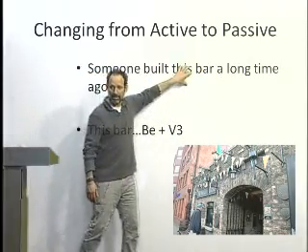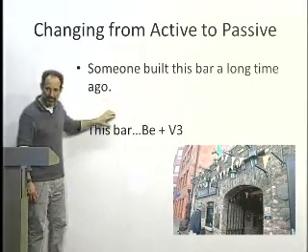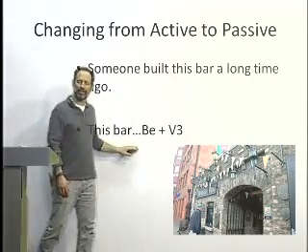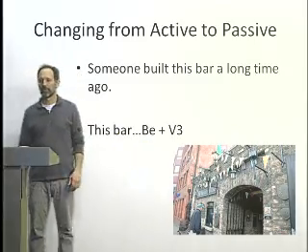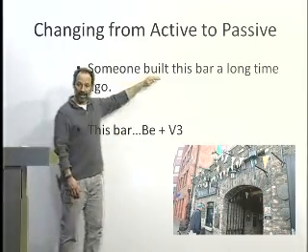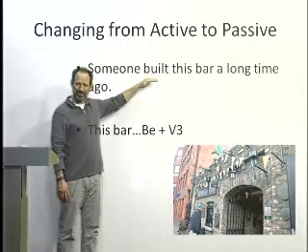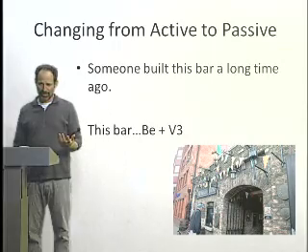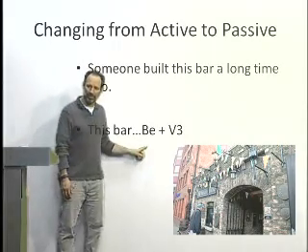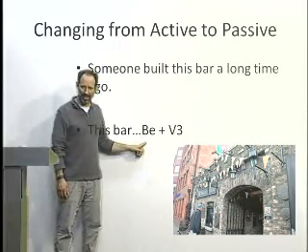I'm going to take this object, move it to the front. This bar, now I need the passive form of the verb. I see I have built here. What verb tense is that? It's past simple. So what is the past simple form of be?